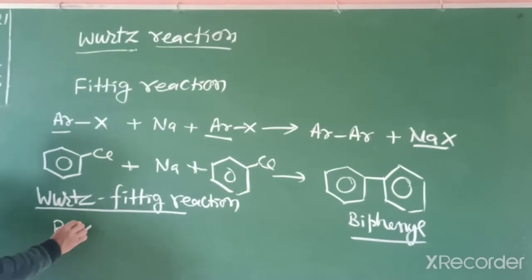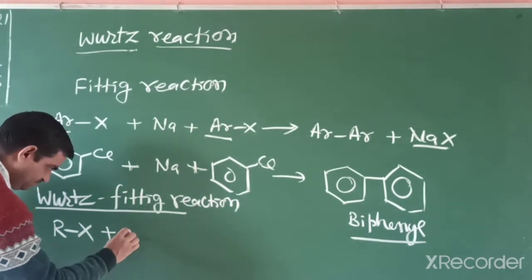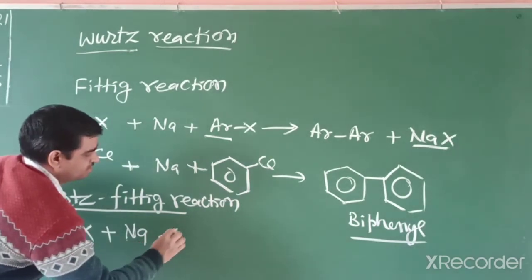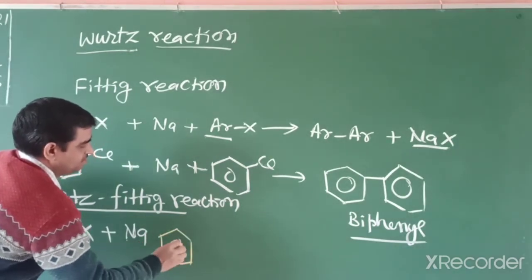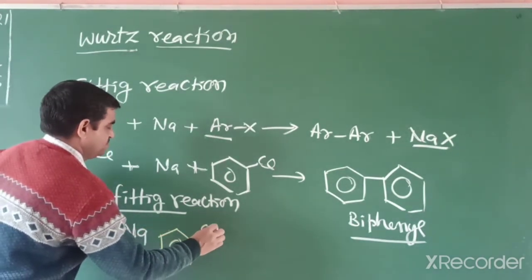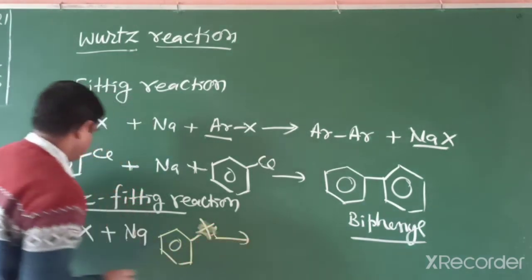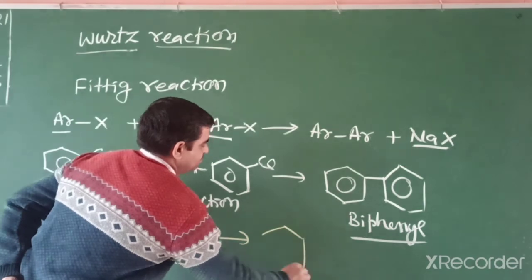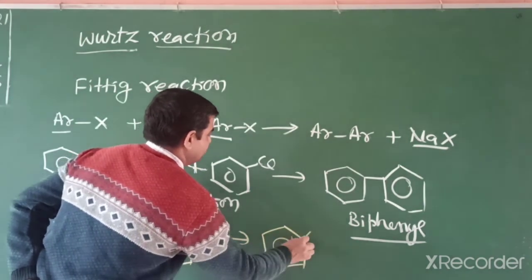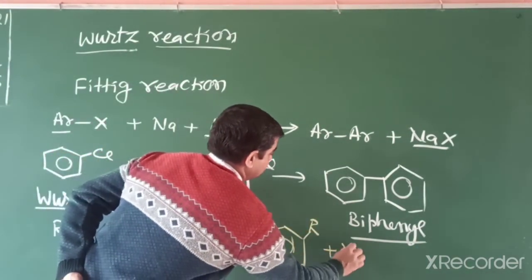So the aliphatic halide RX and the aromatic halide, with a halogen like chloride or bromide, we can write here X, then we get a hydrocarbon like this, and NaX.